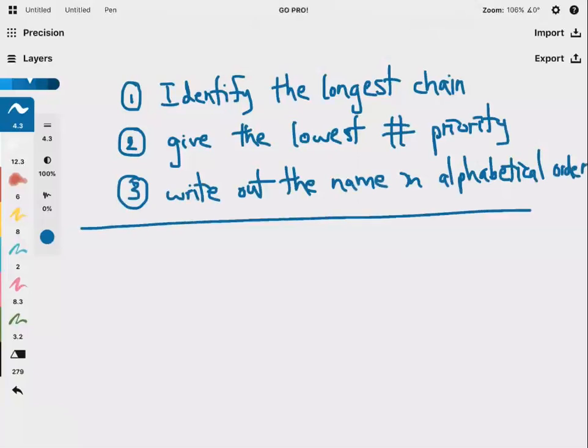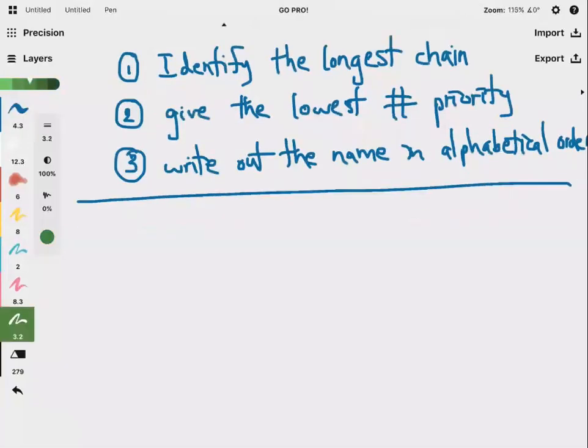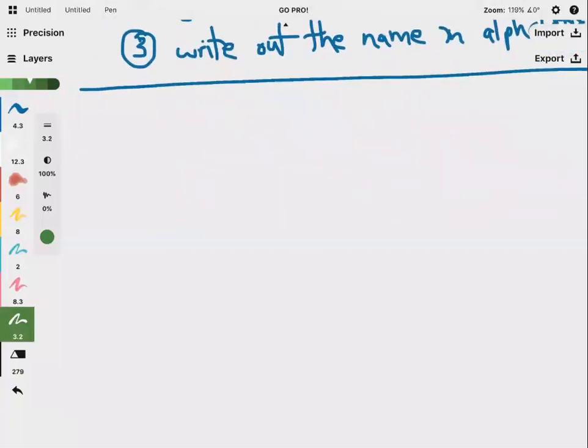Okay. So let's do some examples to put those rules to the test. So let's say we had something like this.